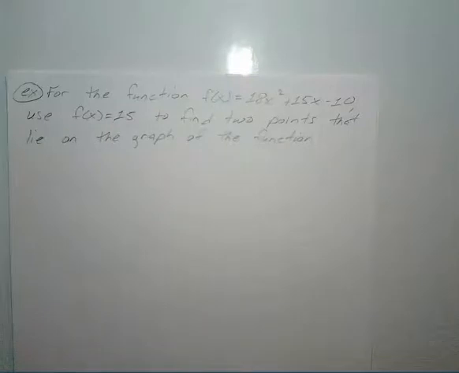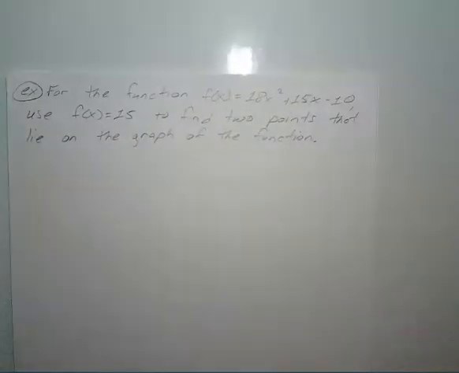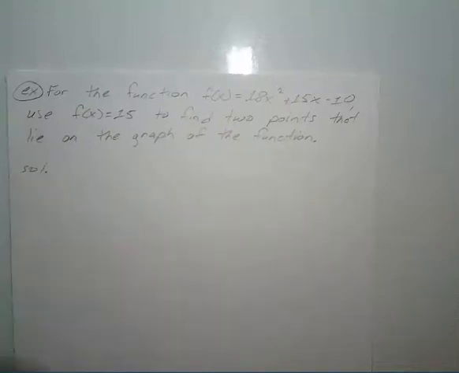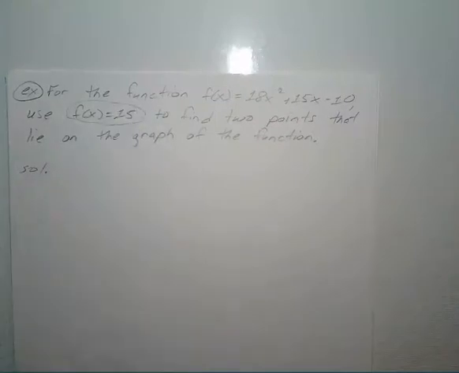Okay, so for example, for the function f of x equals 18x squared plus 15x minus 10, use f of x equals 15 to find 2 points that lie on the graph of the function. Alright, so the first thing we're going to do is look at the fact that f of x is equal to 15.